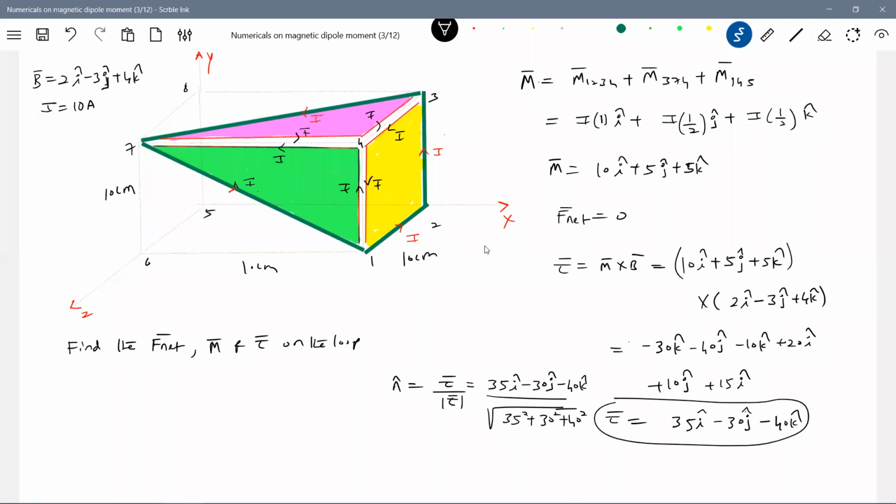Calculate this, then get the unit vector along which the torque acting on the loop is directed.